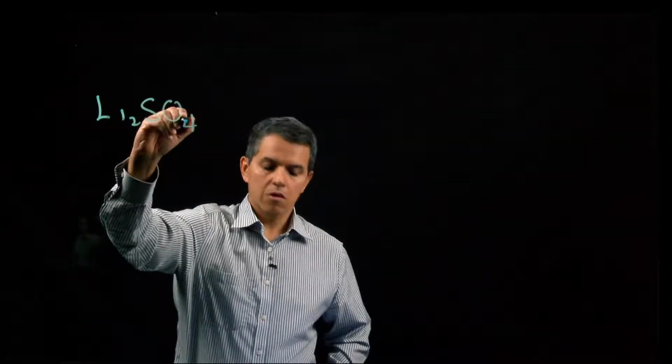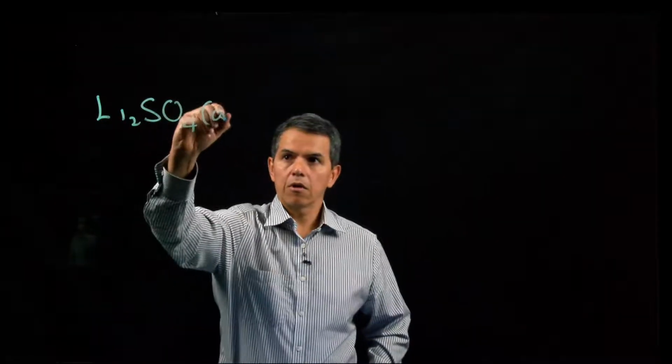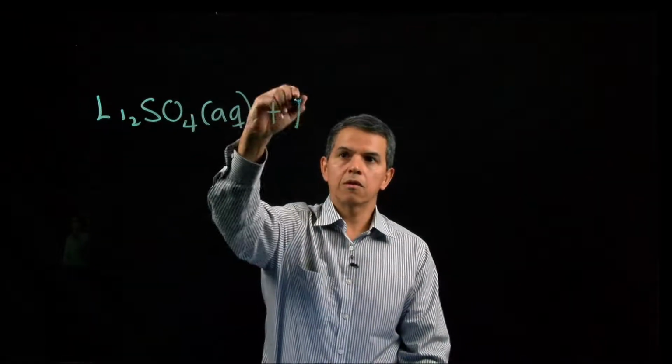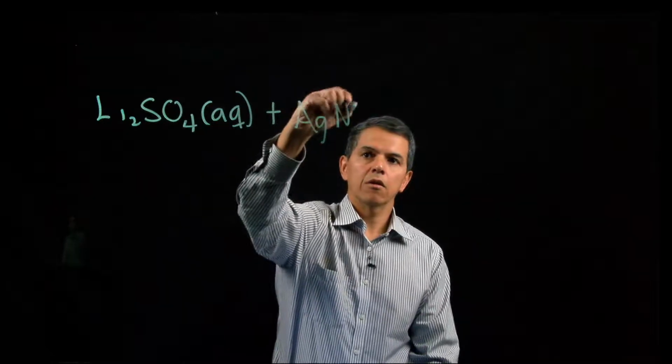So for part A, we will start by defining the precipitate formed and write the total chemical equation. So from the previous reaction that we had, we know that we have lithium sulfate and we also have silver nitrate.